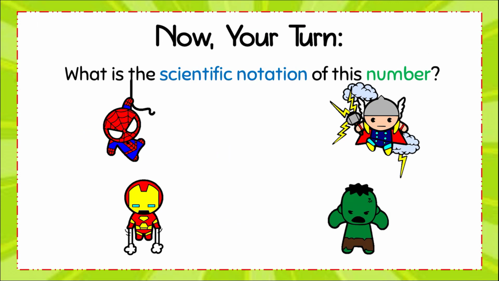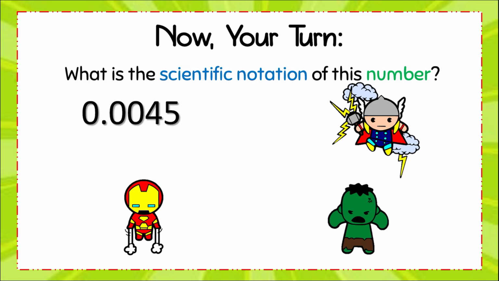What is the scientific notation of this number? Let's start from here. This one is small, right? Less than 1 is a small number. So what do you have to do? You need to find A. What is the first digit? 4. Very good.